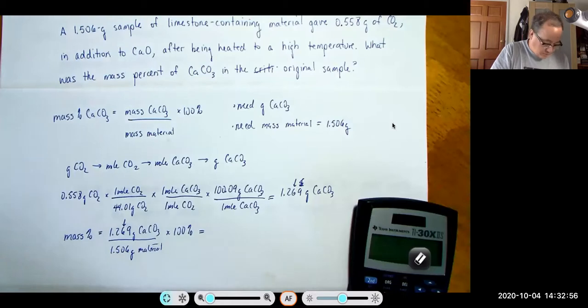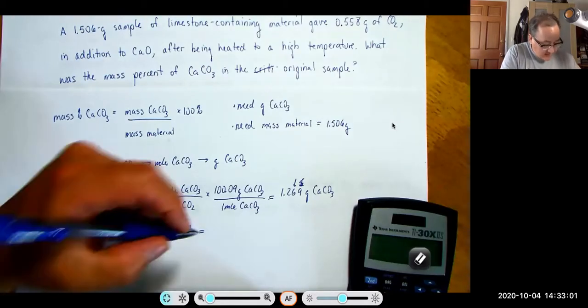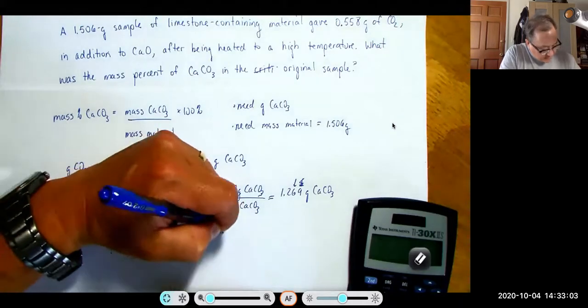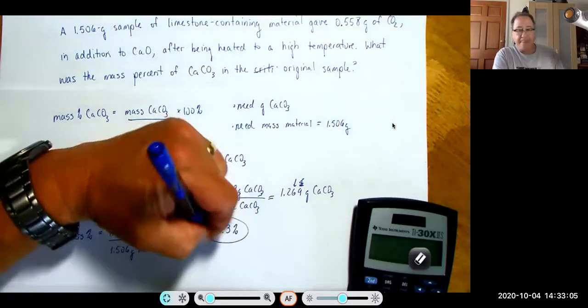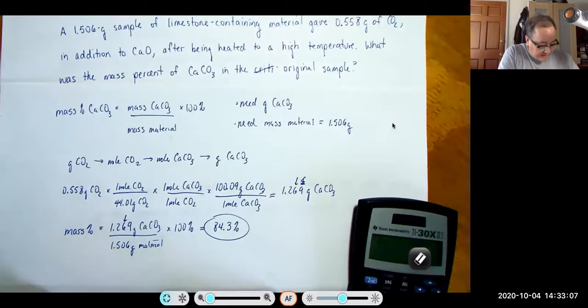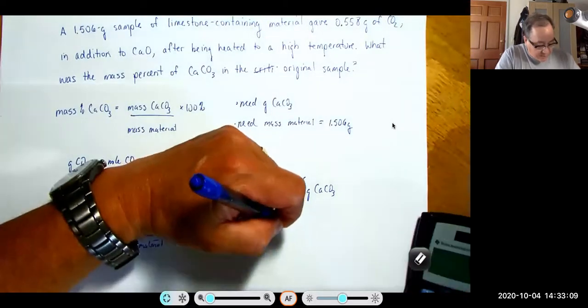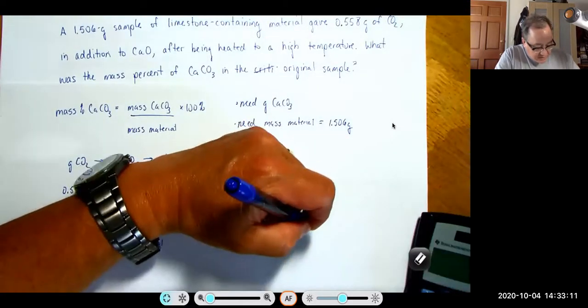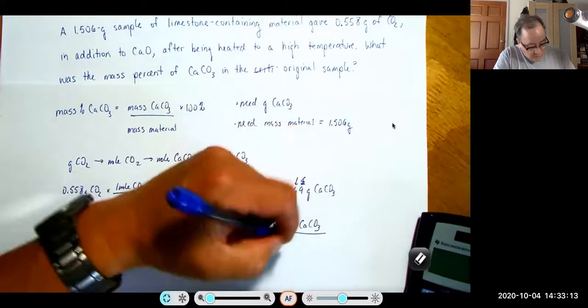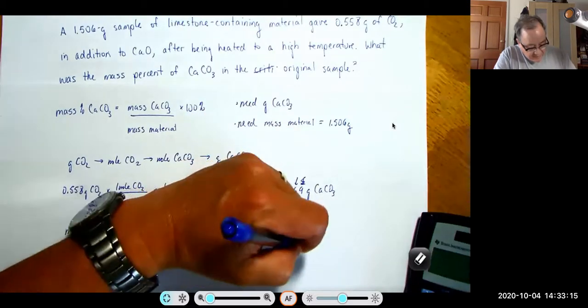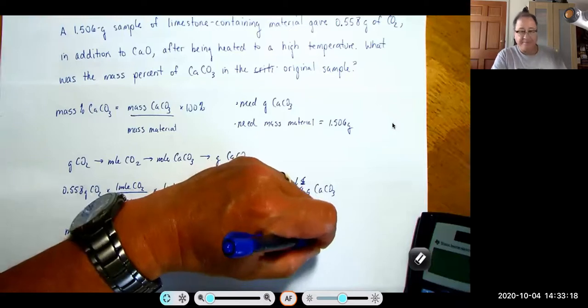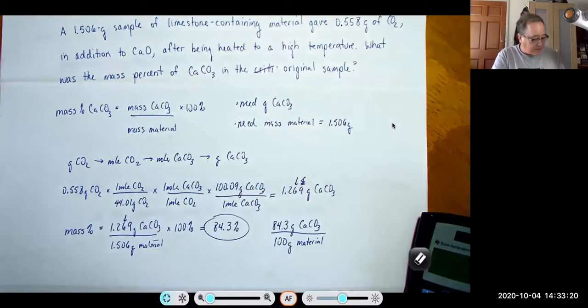And so 1.269 divided by 1.506, and then times 100, and we get 84.3%. And this means 84.3 grams of calcium carbonate per 100 grams of material. Okay, so that's stuff that's pretty rich in calcium carbonate.